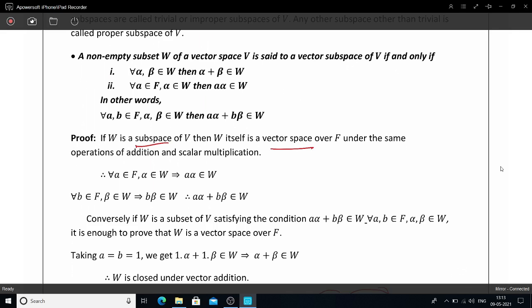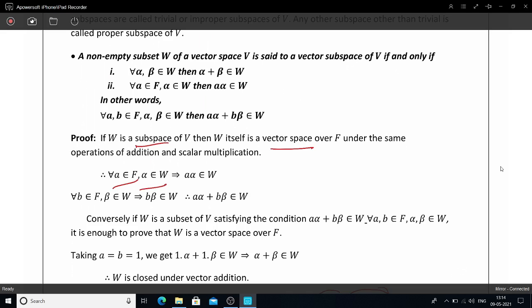If it is a vector space, it must satisfy all the laws of vector space: abelian group under addition, distributive laws, and the last one, 1 dot alpha equal to alpha dot 1 equal to alpha. A is a scalar. I'm sorry for that, A is a scalar.